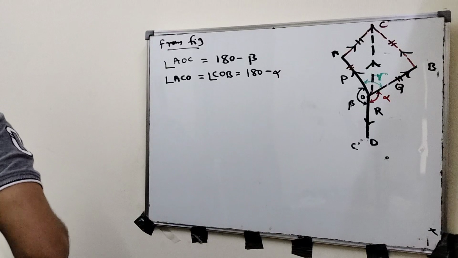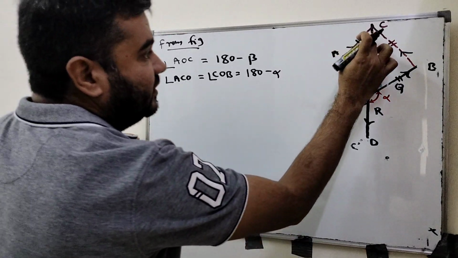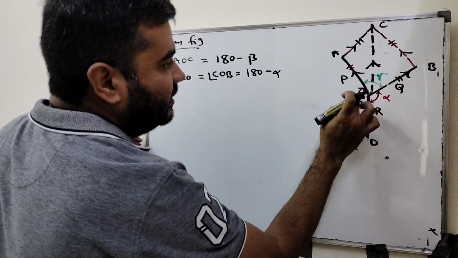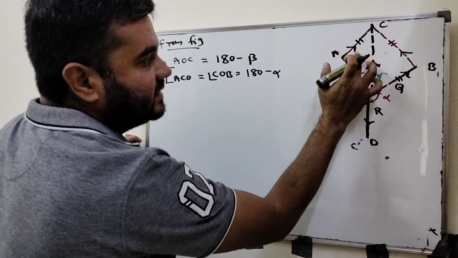Now angle CAO. This angle is finished, and this angle is finished. Now come to angle CAO. Consider only this triangle.